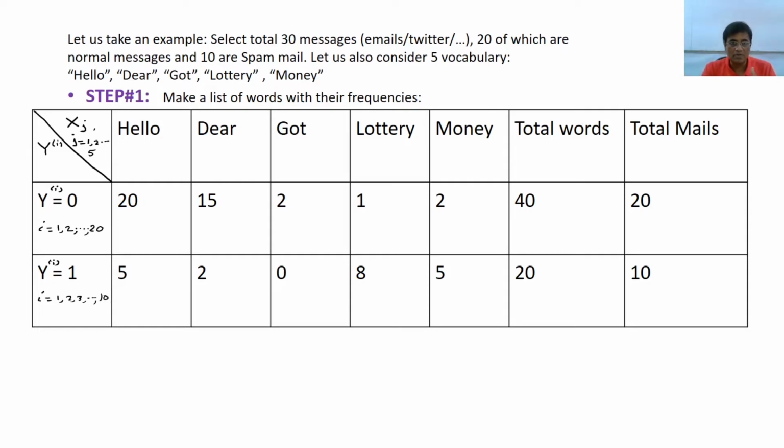Which is apart from normal mail. Spam mail actually creates annoying messages, sometimes not appropriate, and sometimes fraudulent. For example, you have a $1 million lottery, all kinds of nonsense they will speak.